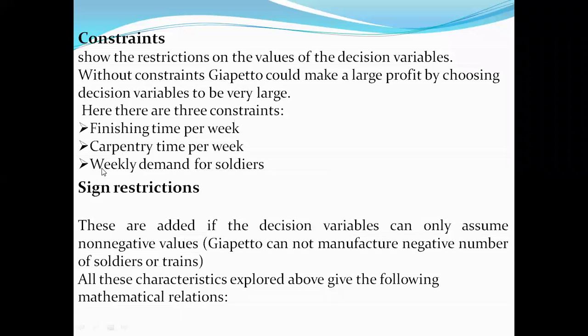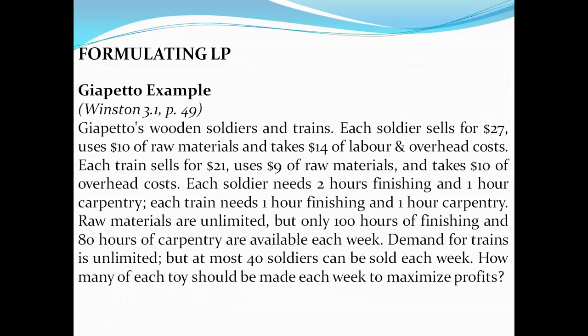And weekly demand. It is very clear that trains don't have any limitation on demand. Trains should be regularly manufactured, and we have unlimited raw material also. It is clearly specified in the given problem. Let us review the problem once here. Raw materials are unlimited, right?